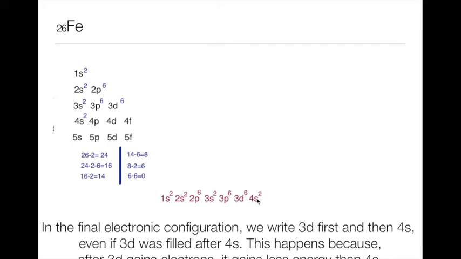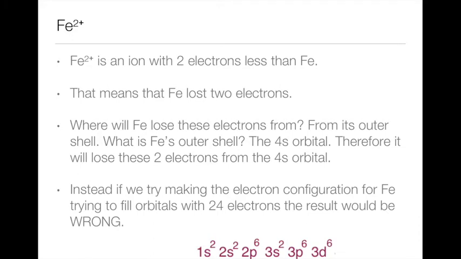Even though I filled the 3d6 last, the 4s was the outer electron shell, and therefore they will be removed from there. Now, you could make a really big mistake. What is this mistake? This is the correct electronic configuration for this ion.